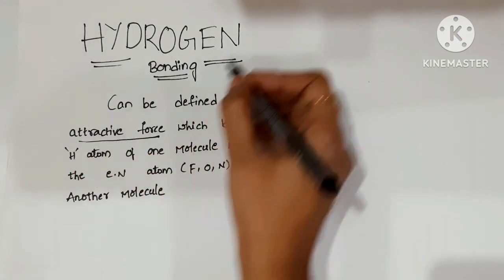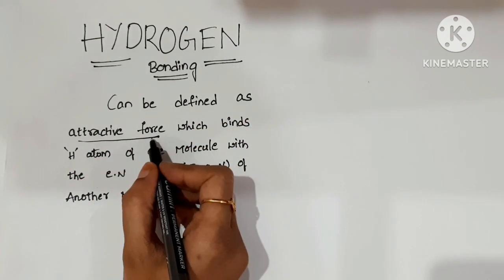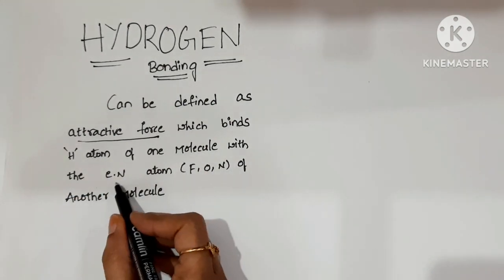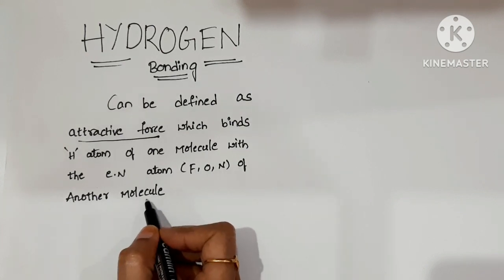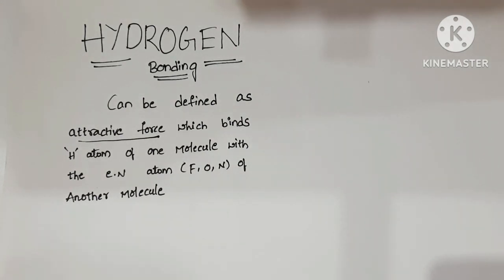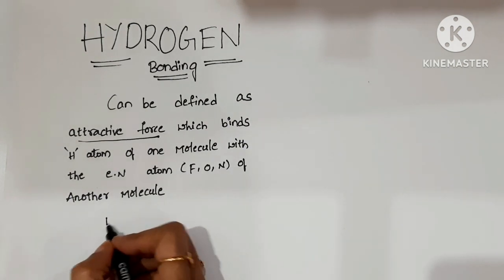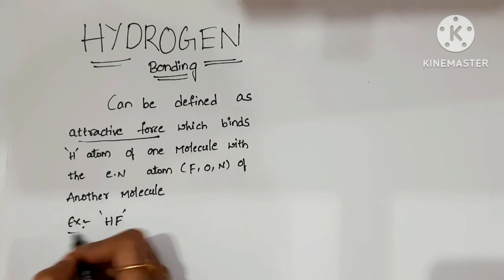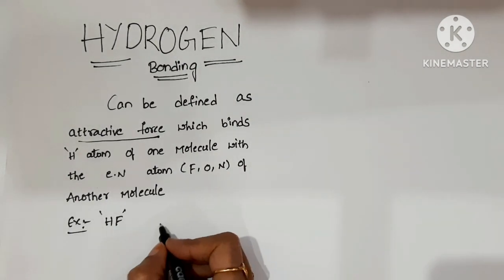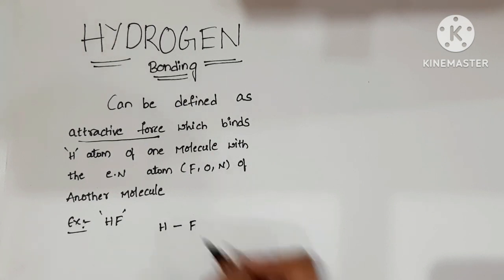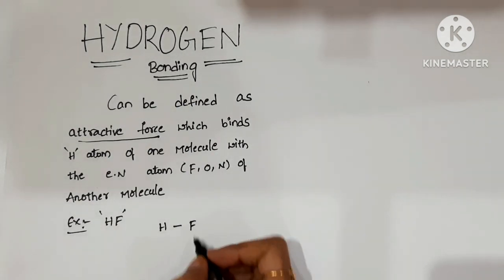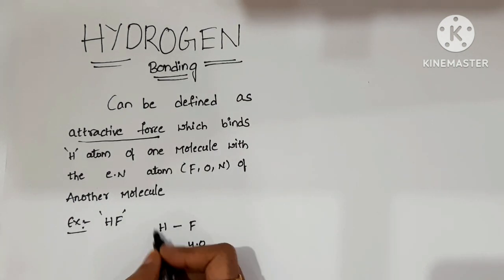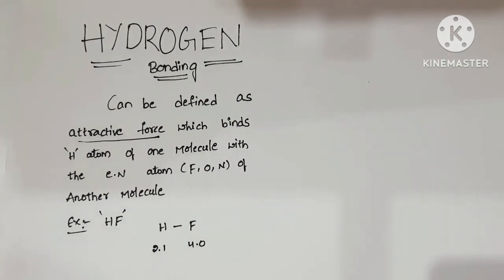You have to remember, hydrogen bonding means attractive force between the hydrogen atom of one molecule and an electronegative atom of another molecule. Here I am taking the hydrogen fluoride molecule. The electronegativity of fluorine is 4.0 and the electronegativity of hydrogen is 2.1.